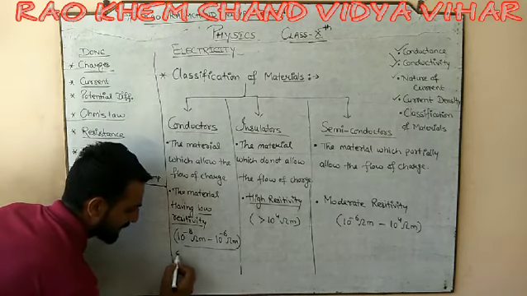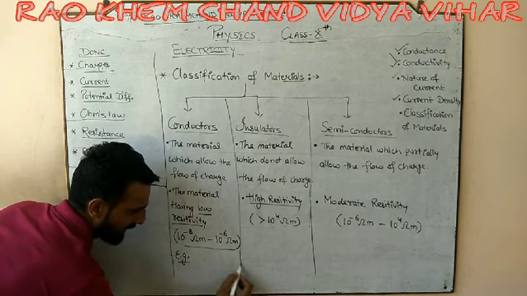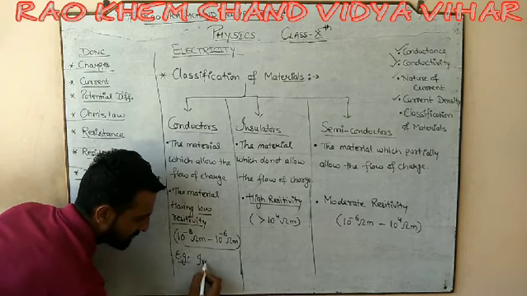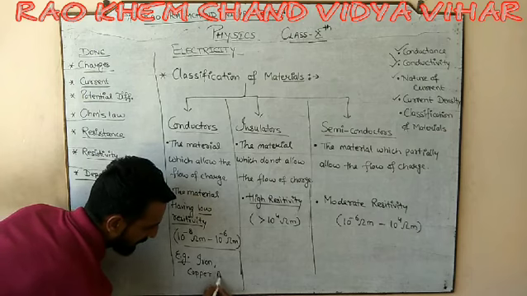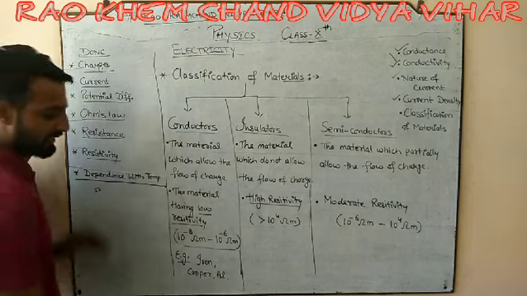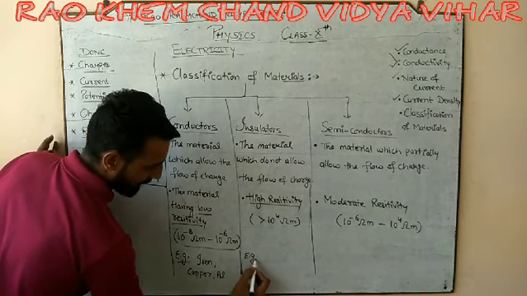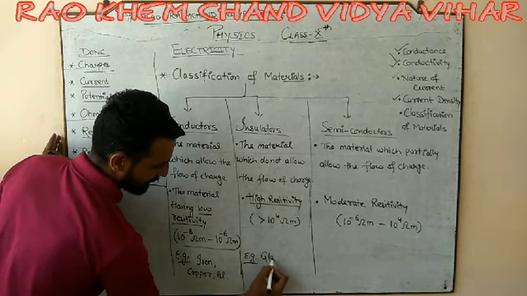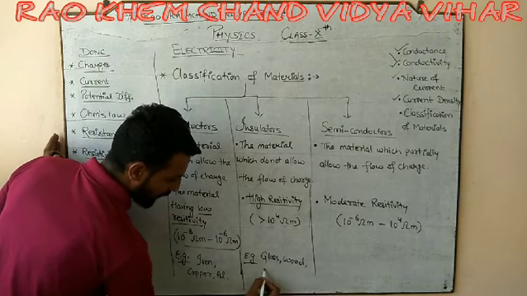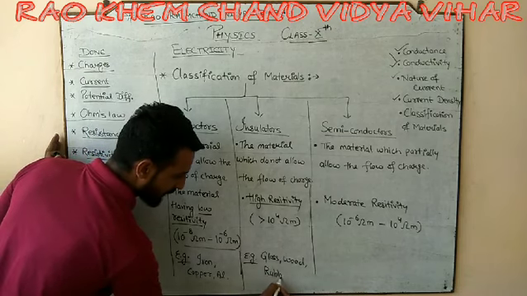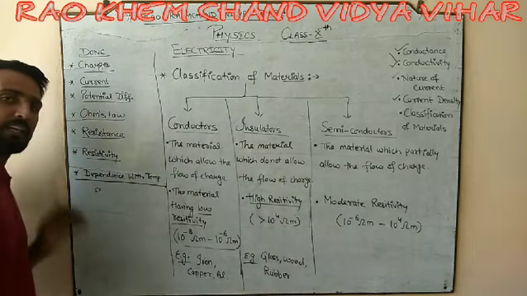Now you can add some examples for that. So you can have examples for conductor like iron, copper, aluminium and any other जो आप जानते हैं. Insulator आप लोग लगा सकते हैं like glass, wood, dry wood, rubber, plastic, clothes and many more.